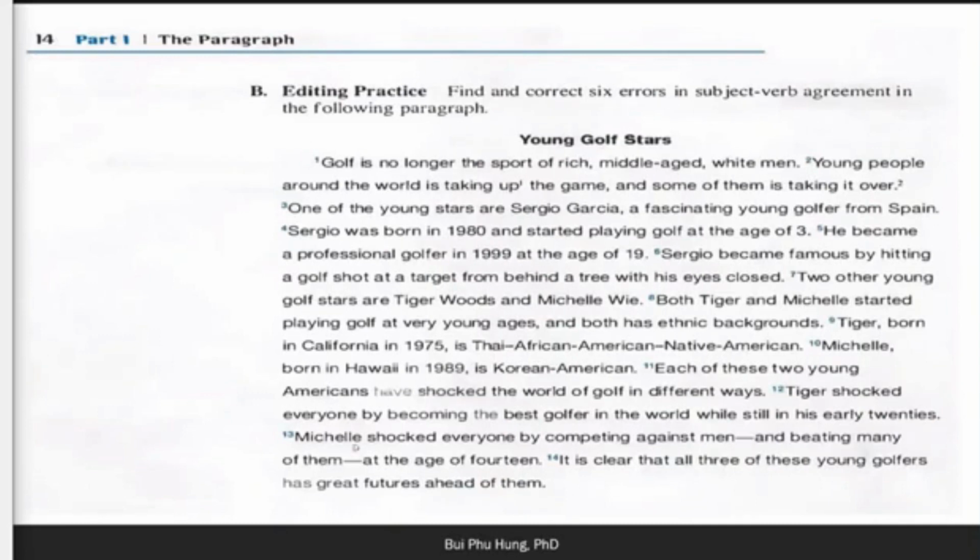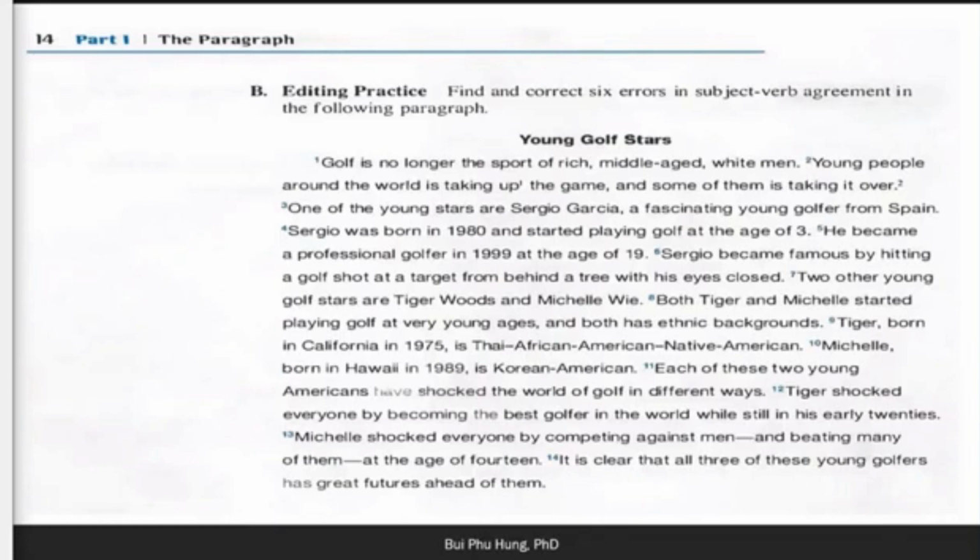Cái này chúng ta nói là rate chứ không là read ha. Đây là ahead chứ không là ahead. Rồi, rate ahead. Cô đọc lại nguyên câu. Yeah, it's clear that all three of the young workers have great future ahead of them.